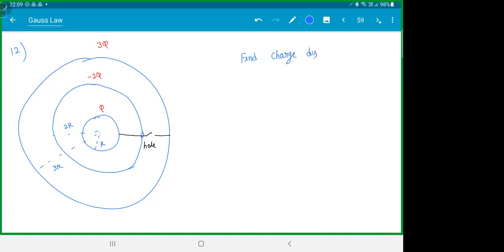So you're connecting shell 1 and shell 3. Shell 2 has no contact. Now there is no guarantee all the charge will come outside. Find charge distribution when switch is closed.